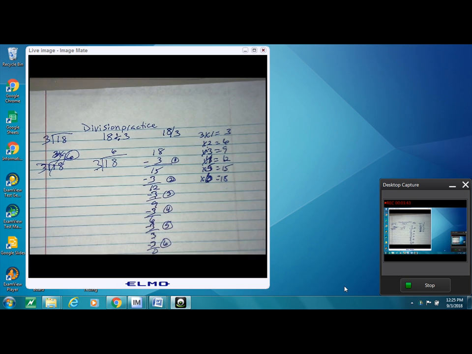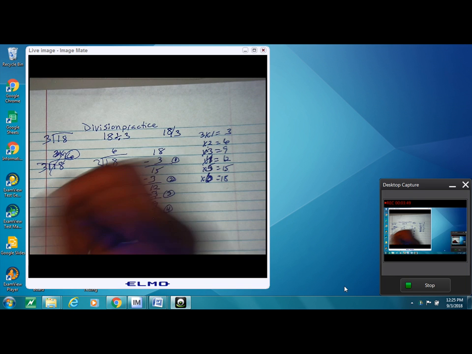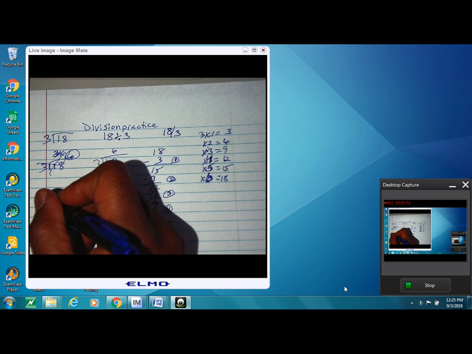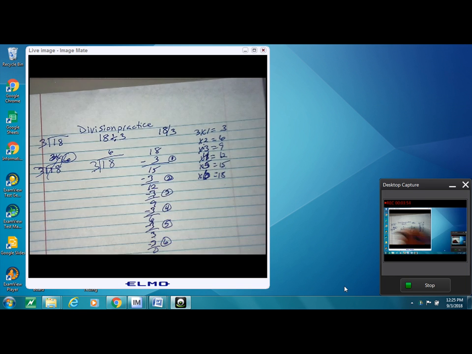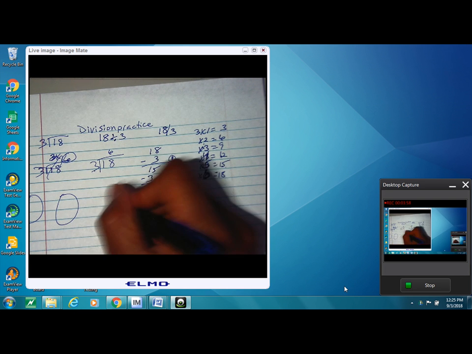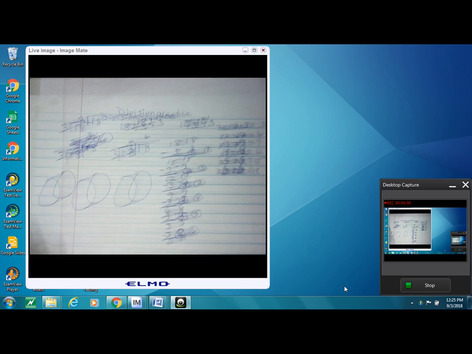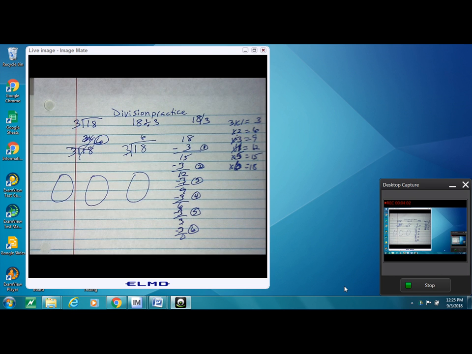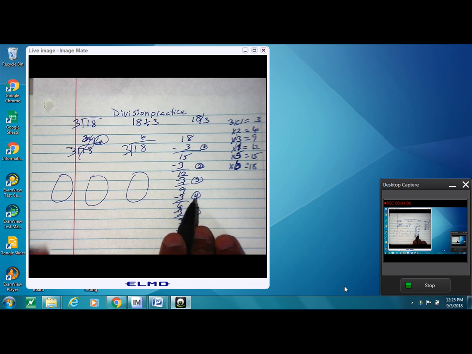You can also do this. I've drawn 3 groups, okay? And I'm going to give each group 1 evenly until I cannot anymore.